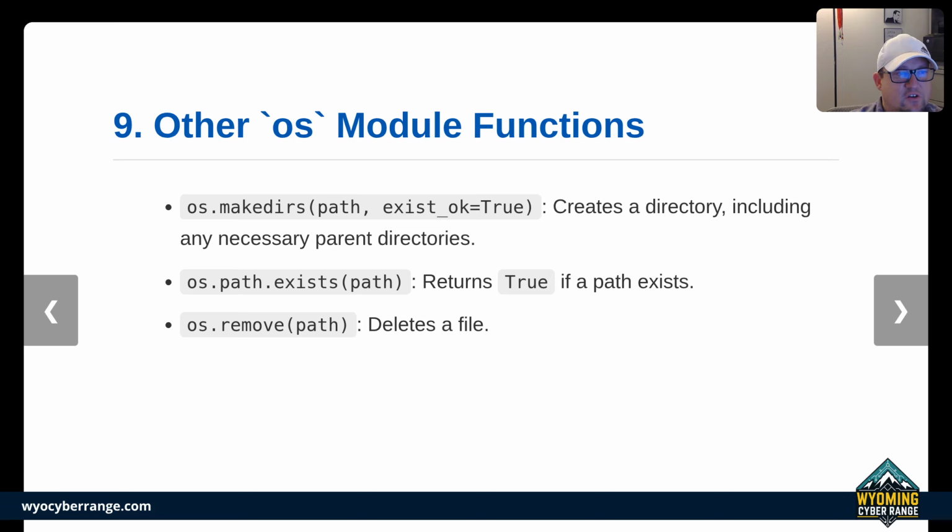It will return True if the path exists. The os.remove is a great way to delete a file. Again, we're not using the OS commands directly. Instead, we're letting Python determine what operating system it's running on and run the proper commands needed to complete these tasks.